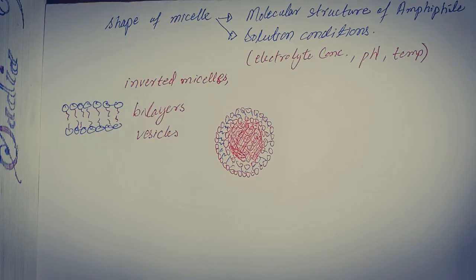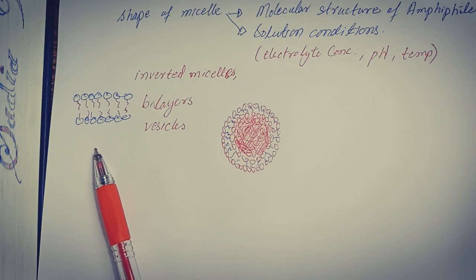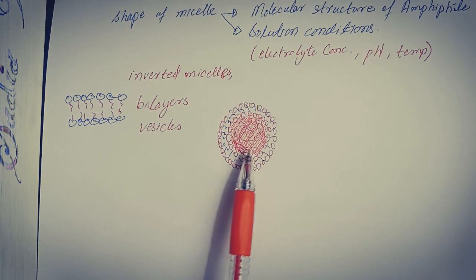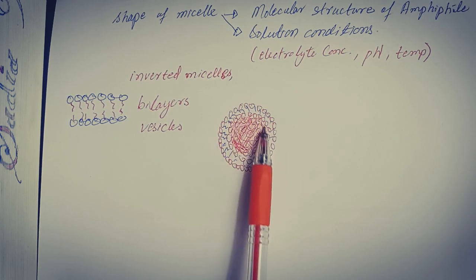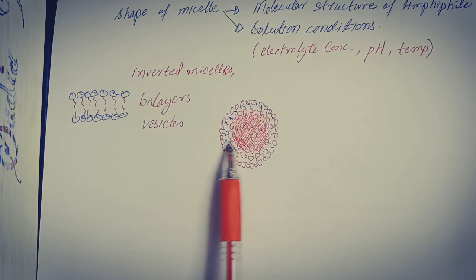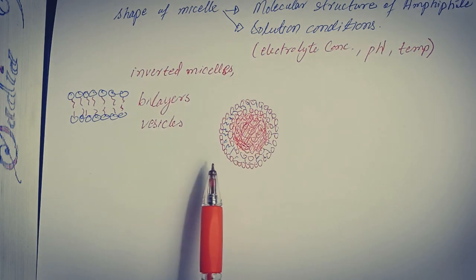So the structure of micelle is not essentially spherical, but it can exist in the form of bilayer structures like shown here, or this bilayer structure can make a vesicle-like structure showing the empty core that is covered by the layer of these polar heads, like making a membrane of bilayer.